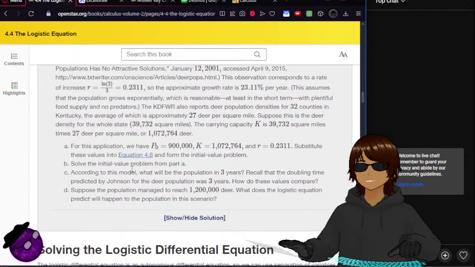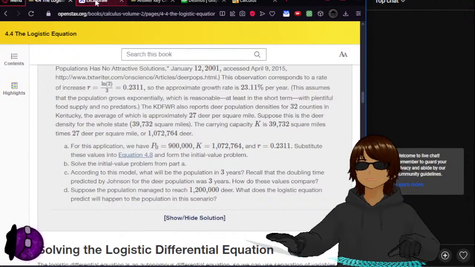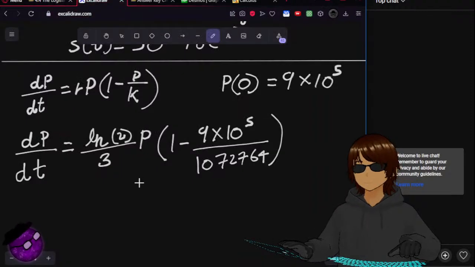Solve the initial value problem from part A. Hmm.